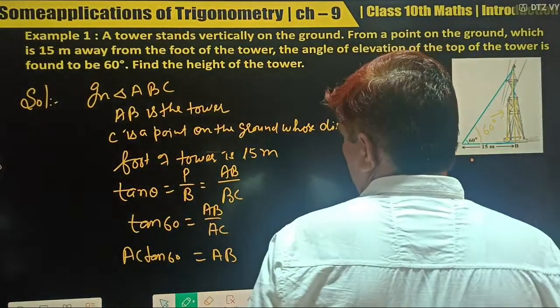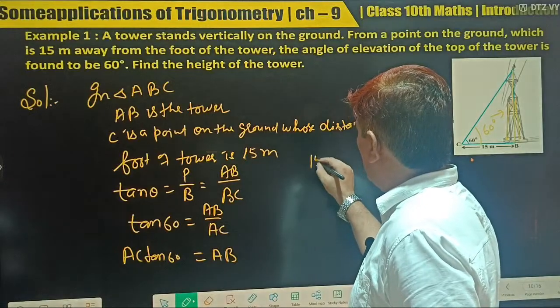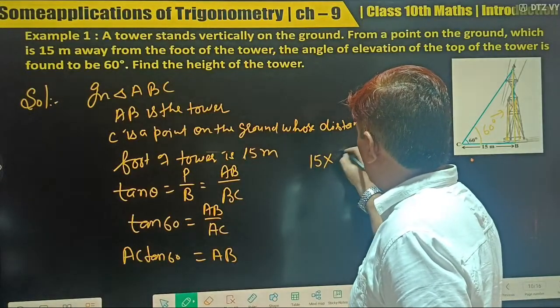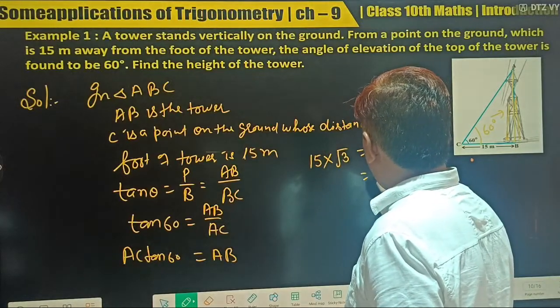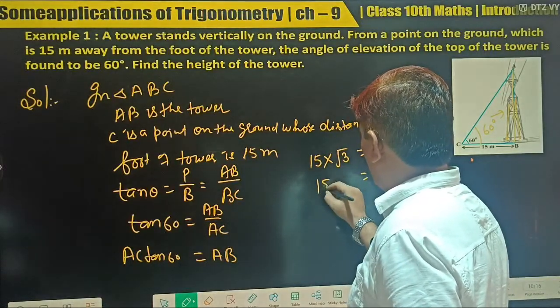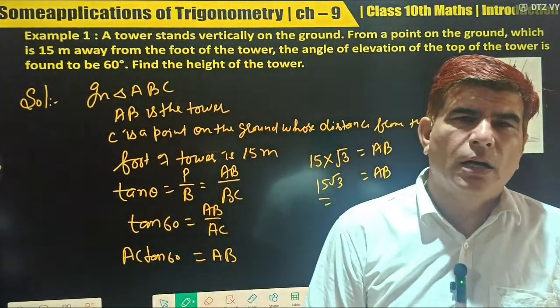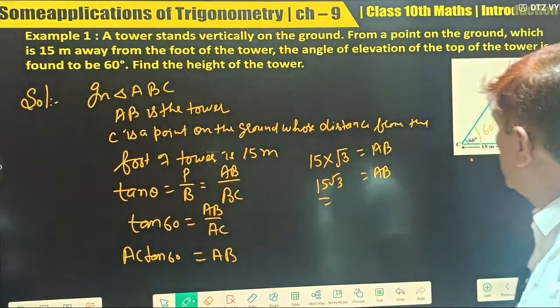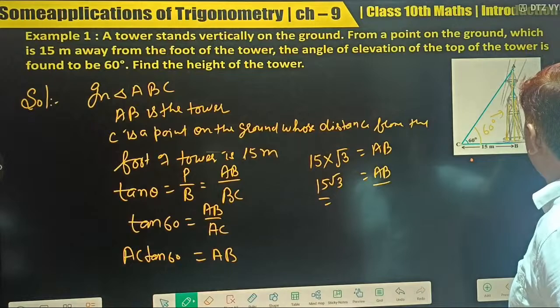Tangent 60 is root 3. So AB is 15 root 3. 15 root 3 is the height of the tower.